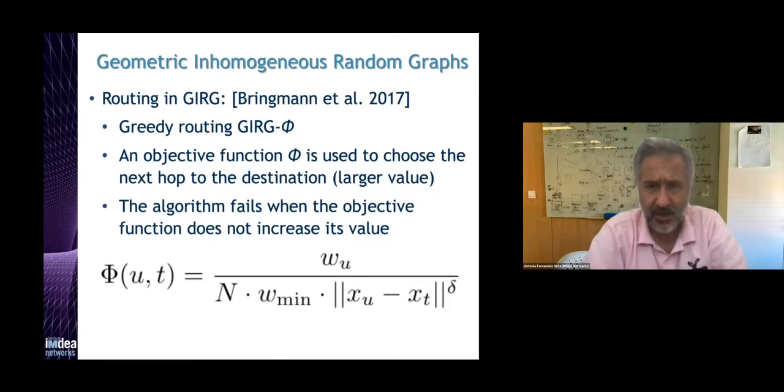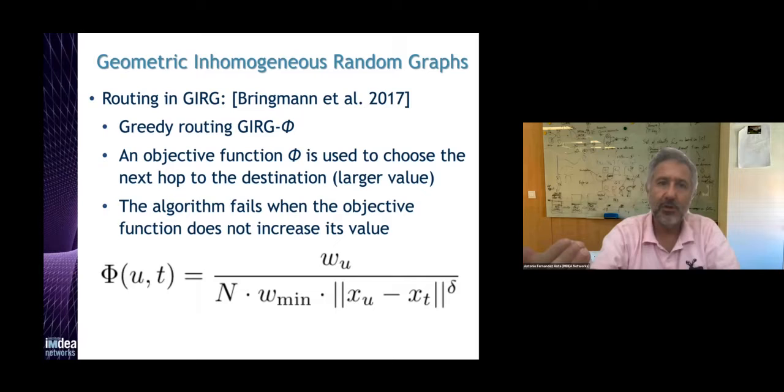Then, in another paper in PODC 2017, the same authors proposed a routing technique in these networks. The routing again uses the weight and the distance raised to the dimension as the essential aspects to choose the next hop towards the destination.